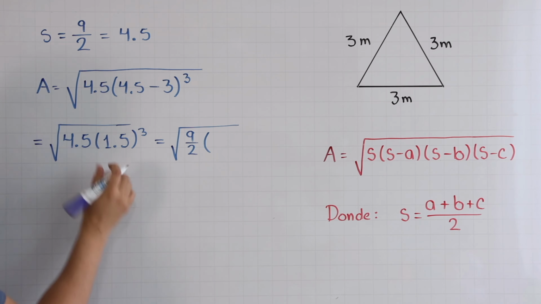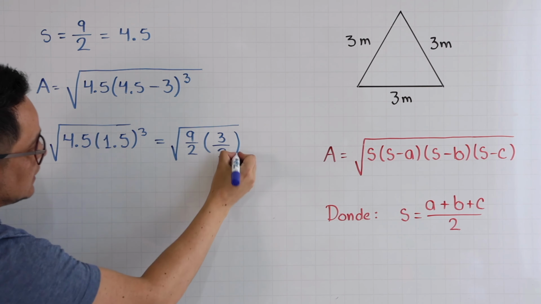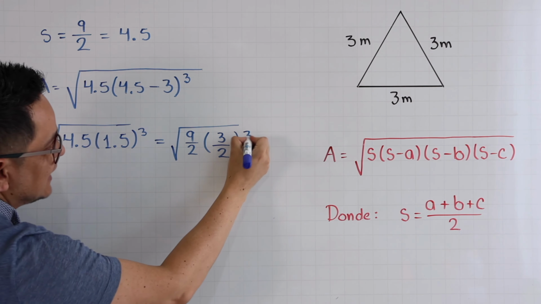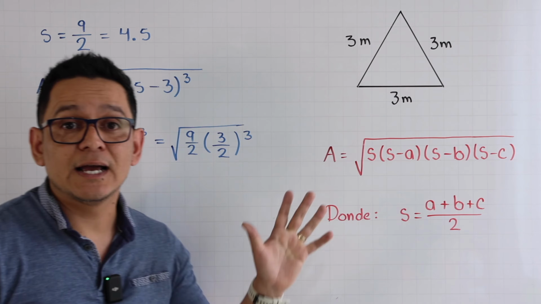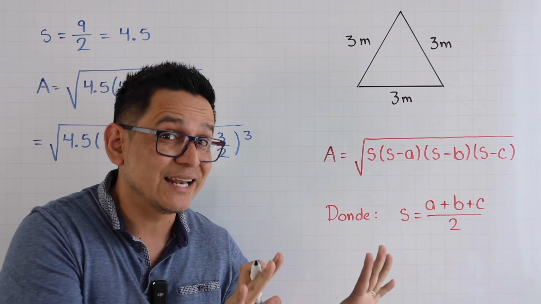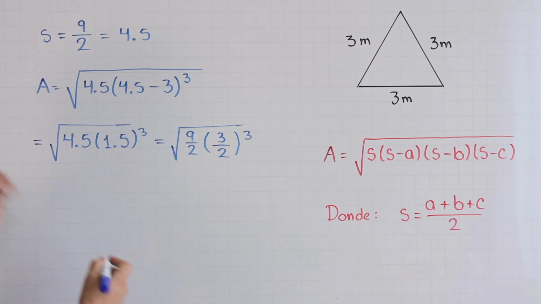So, 3 divided by 2 is 1.5. So I'm going to write it as 3 over 2, and let's not forget that this is raised to the third power. I insist, put this operation into the calculator and it would give me the area result, but I need to write the exact result in simplest form, so I'm going to continue.